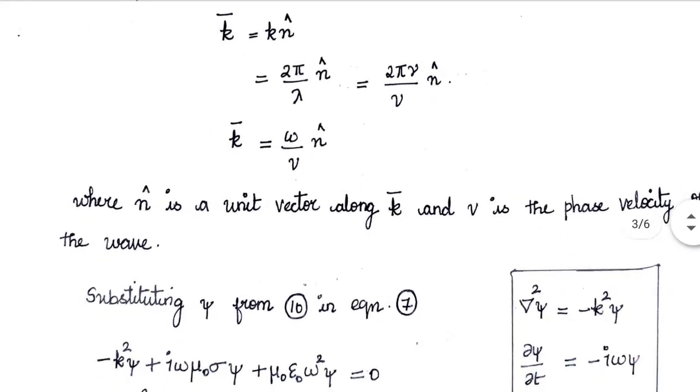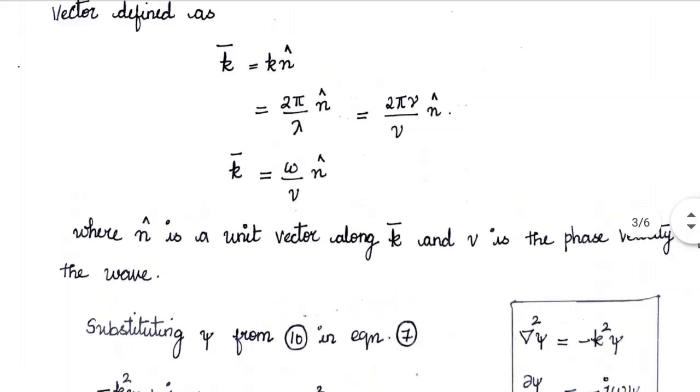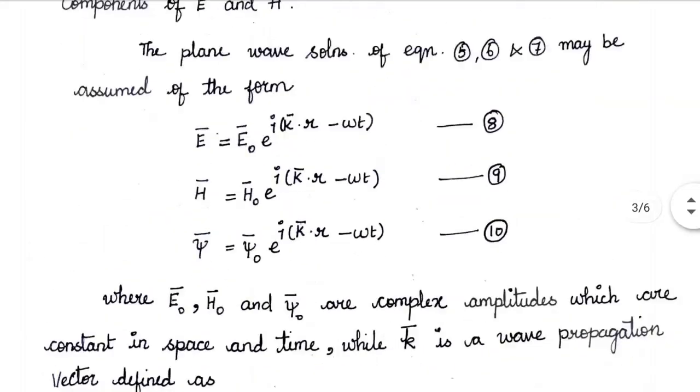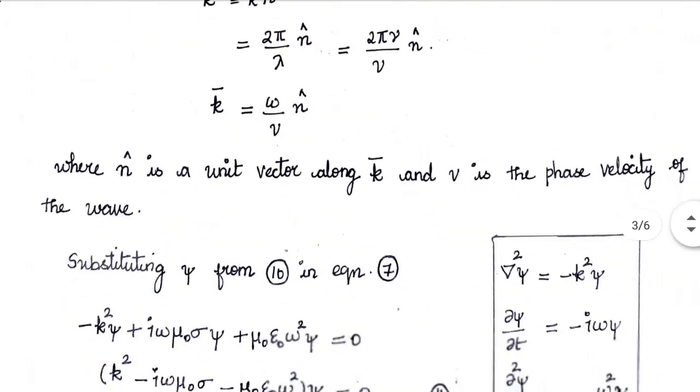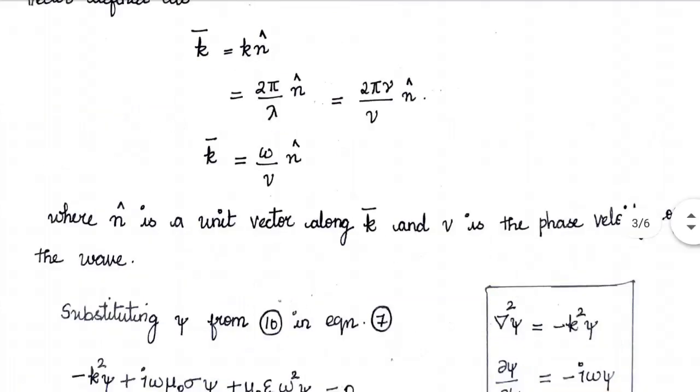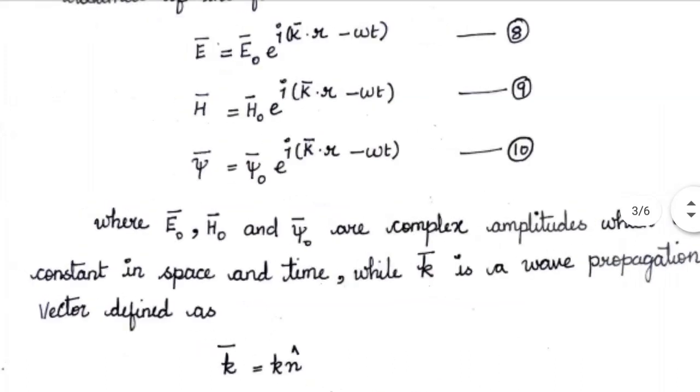Now, let us use the solution psi and find del square psi from it. When you find it, you will get del square psi equal to minus k square psi. For dou psi by dou t, you will get minus i omega into psi.